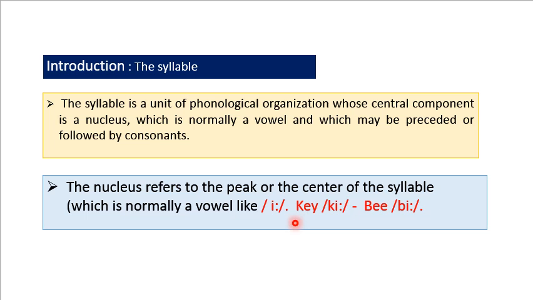So the correct transcription will lead to the correct structure analysis in this chapter. So you have to pay attention and be careful when you transcribe the English words before doing analysis for them.